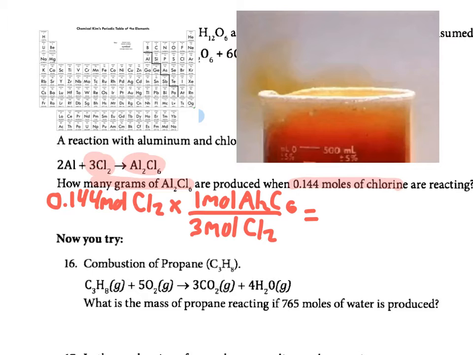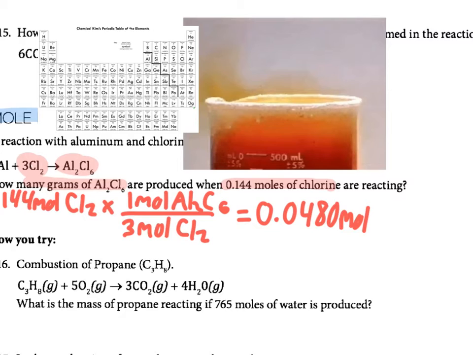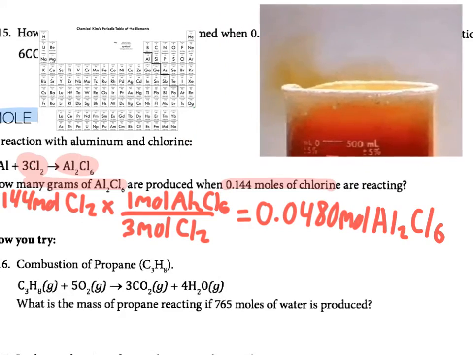And the answer to this calculation gives me 0.0480 moles, and this of course is moles of my Al2Cl6. I can end there if moles of Al2Cl6 were being asked, but grams are being asked. So what do I need to solve this problem?